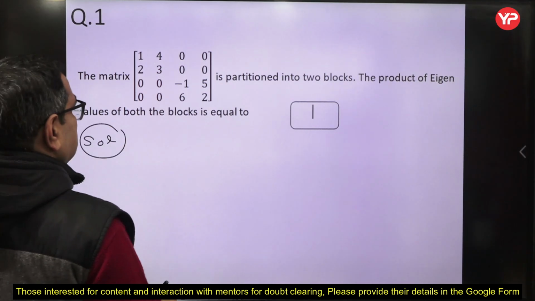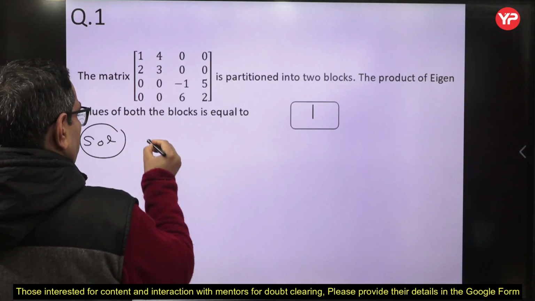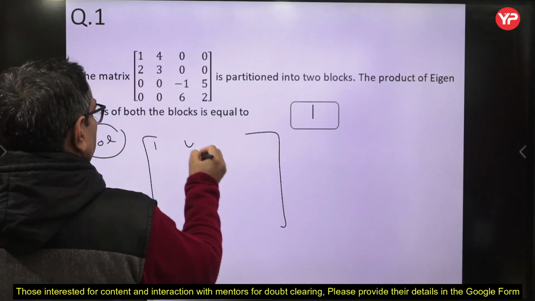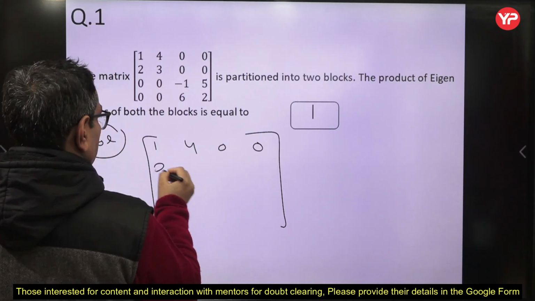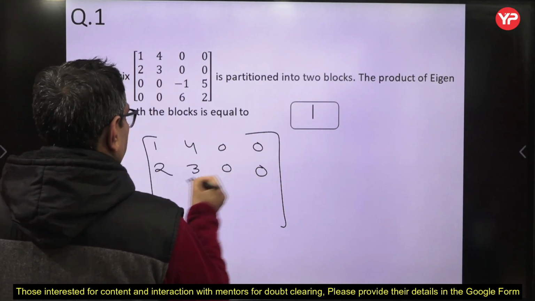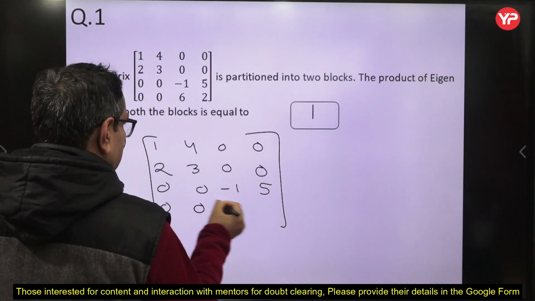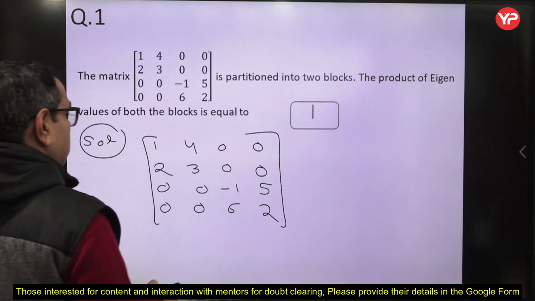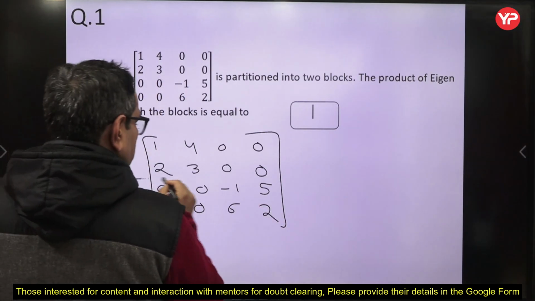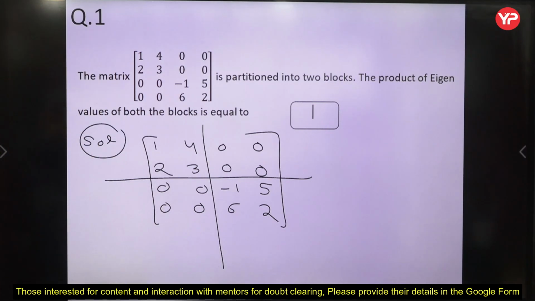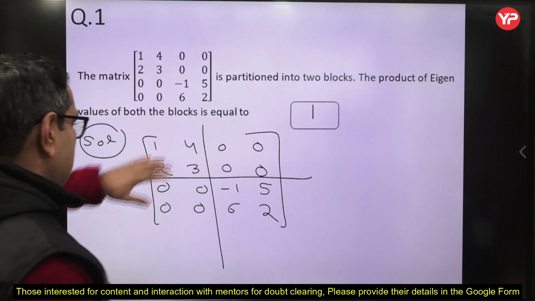In this matrix we can make blocks. I'm again drawing this matrix: 1 4 0 0, 2 3 0 0, and then 0 0 minus 1 5 and 0 0 6 2. We are doing a partition of this using this line and this line, and we get a block diagonal matrix having blocks this one and this one.